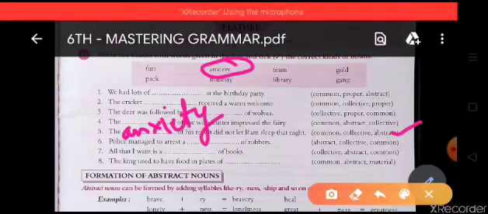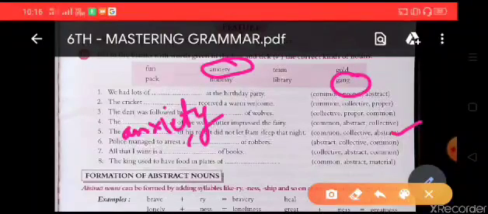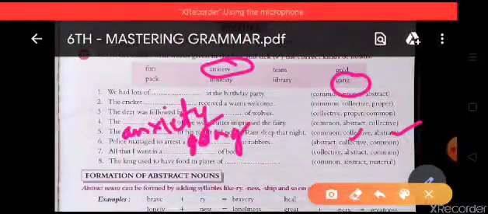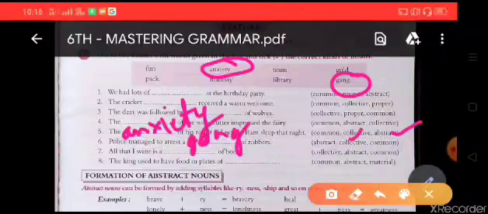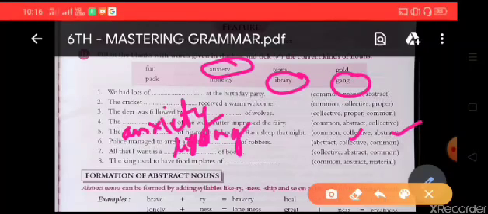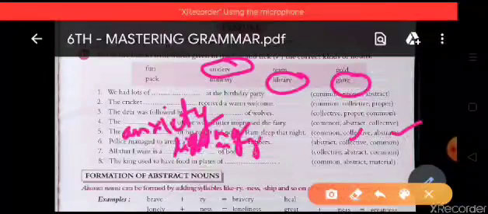Now next: "Police managed to arrest a gang of robbers." It is a collective noun. "All that I want is a library of books." Library is also a collective noun.